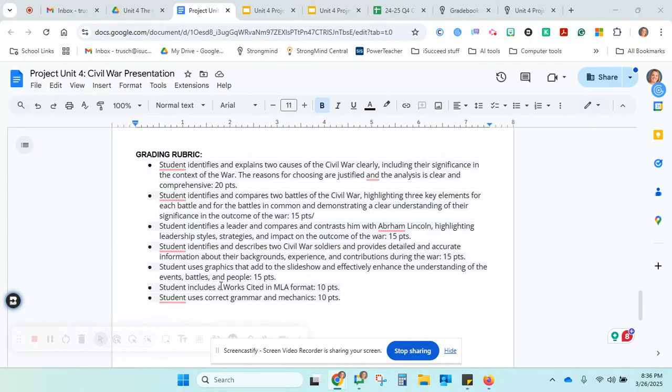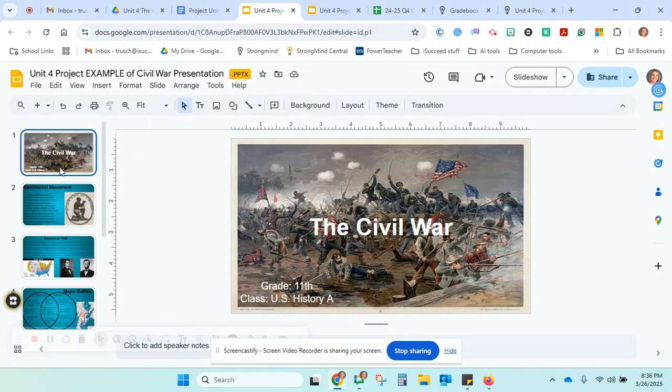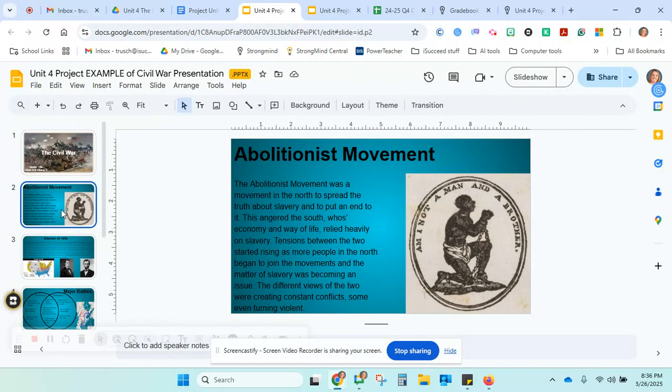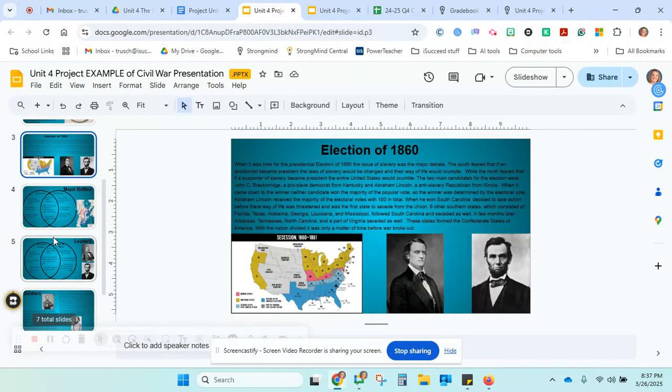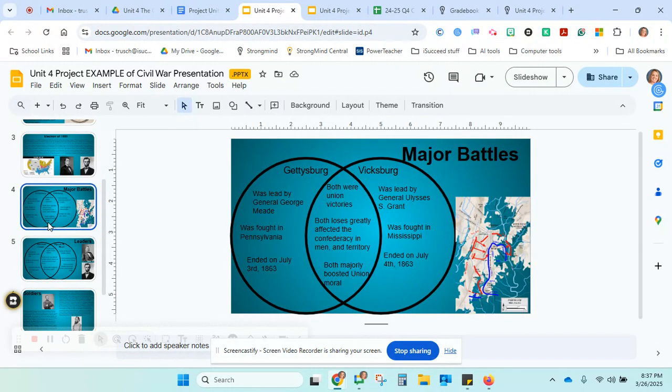Okay, so I have a few to show you as examples. This one talks about the abolitionist movement, election of 1860.